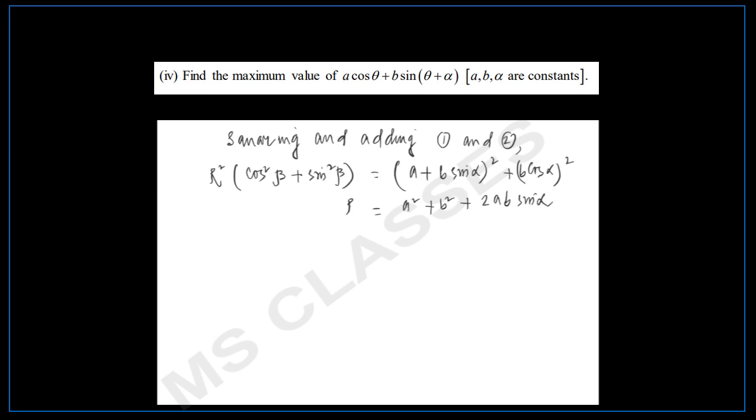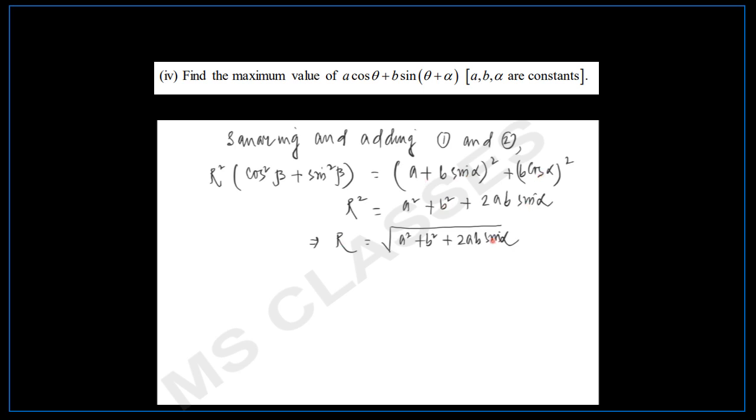This is our R square. So R is under root of A square plus B square plus 2AB sine alpha. And you got R.